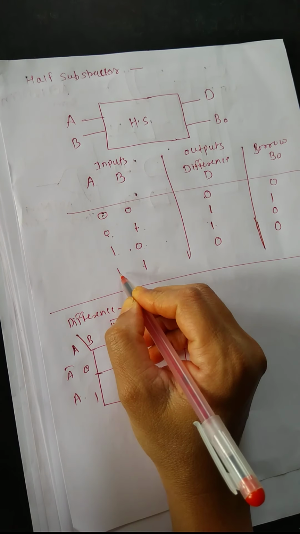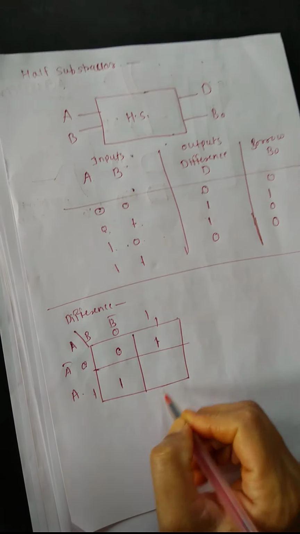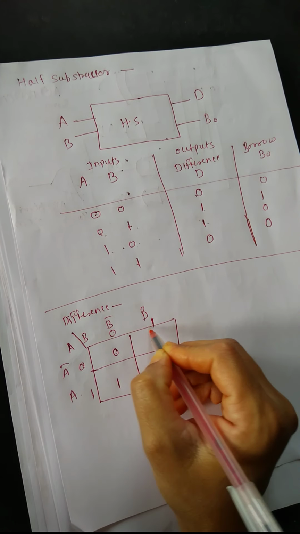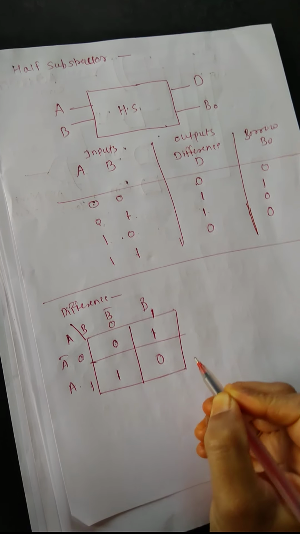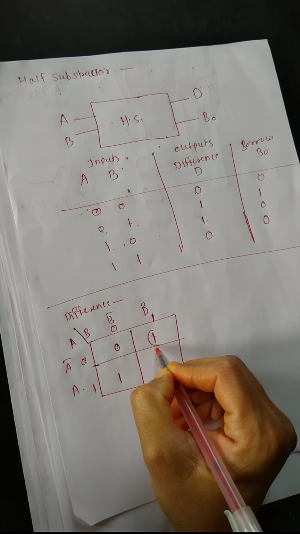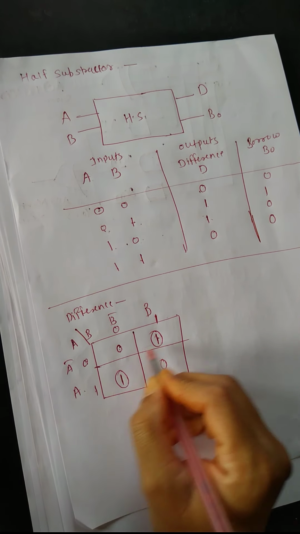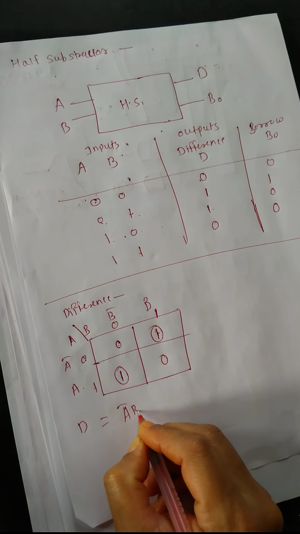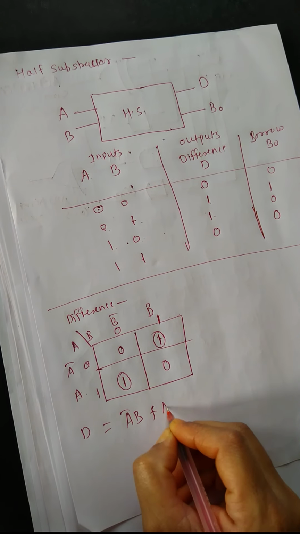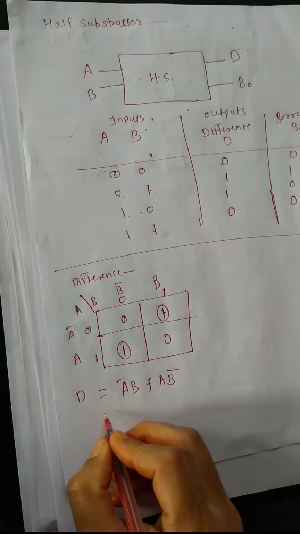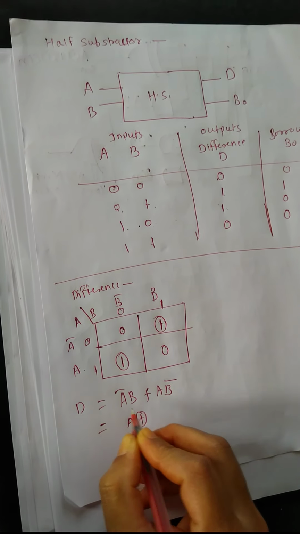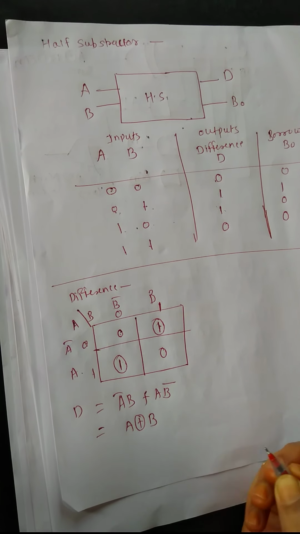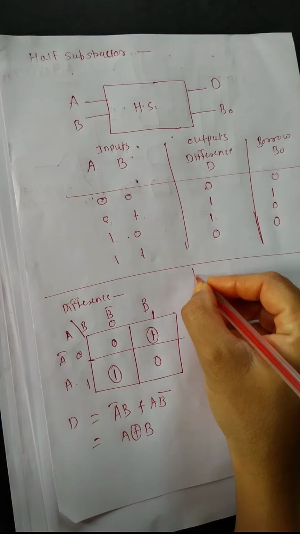A1, B1, difference is 0. So there is no grouping; they are isolated single groups. So the equation for the difference is A bar B plus A B bar. This is the equation of the XOR gate, so this equation indicates A XOR B. This is the equation for the difference.